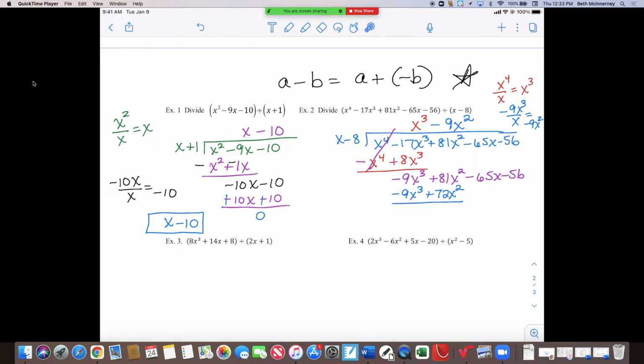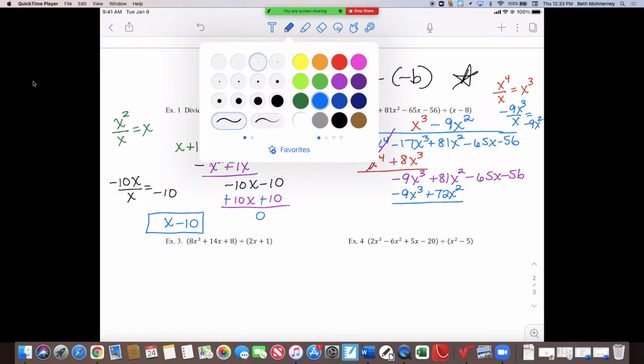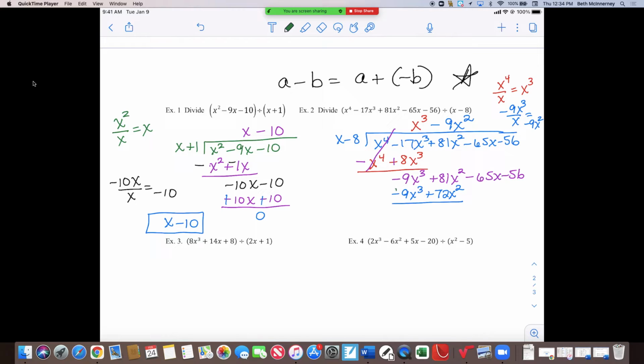Yes. All right, let me change colors and I'm going to take the opposite and add. So that's actually going to give me 9x squared, and then I bring down the other terms. So when I add the opposite, the negative 9x cubed and the plus 9x cubed, they cancel, which is what I wanted.